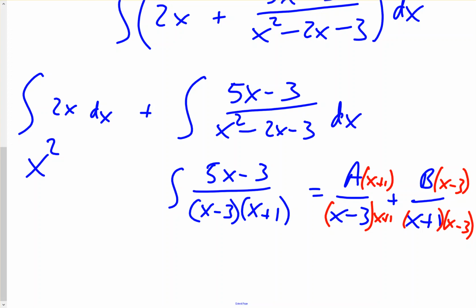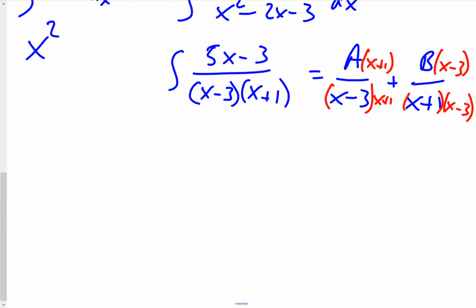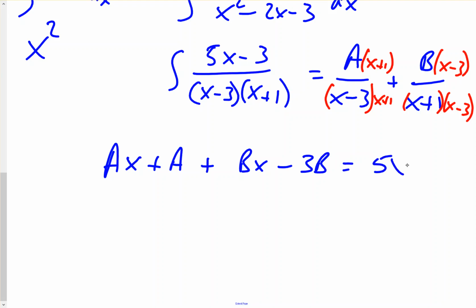So we're going to distribute the a here, so ax plus a plus bx minus 3b, that's going to equal the 5x minus 3. Okay, so sort out the ones with the x's. So we have ax plus bx. So we know that ax plus bx has to equal 5x.